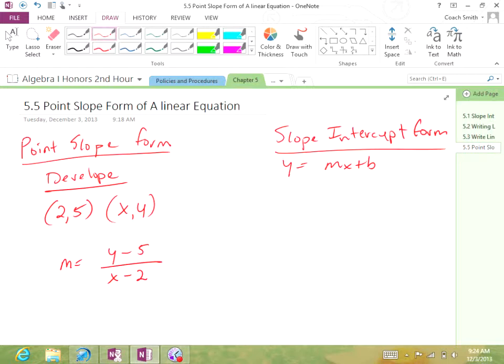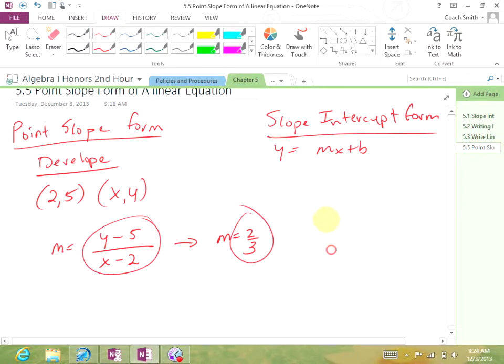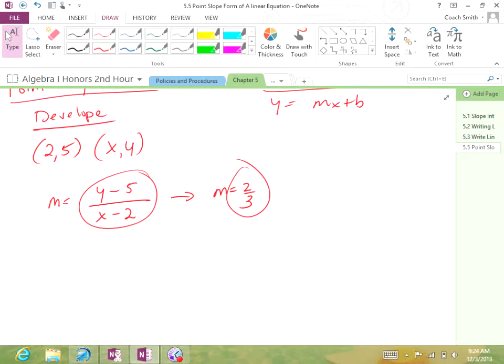What we can know is this: let's say the slope is equal to 2/3. So we know that this and this would be equal to each other. How we can set those two things equal to each other is this way.